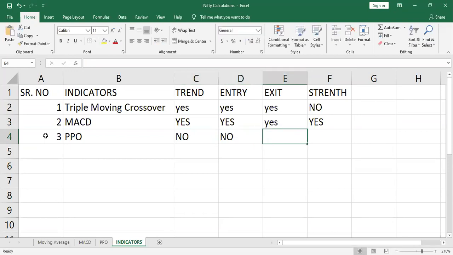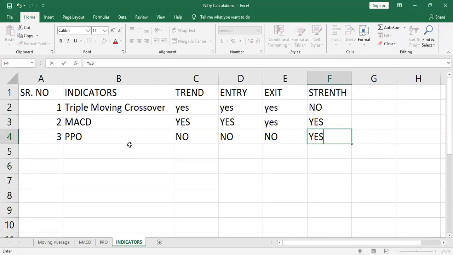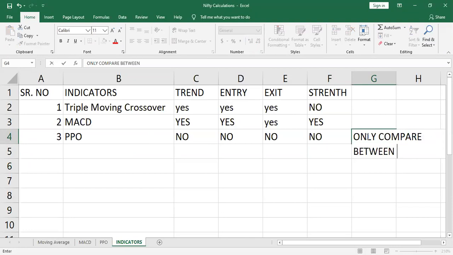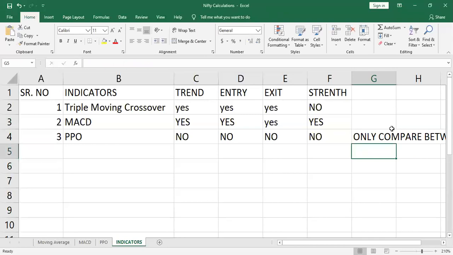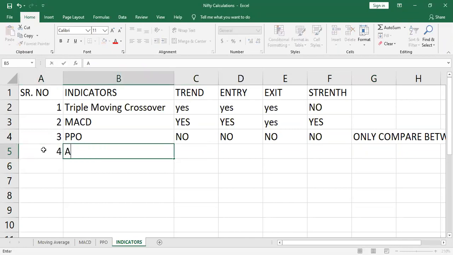Entry, that is also no. The strength, then maybe yes, because you can identify the strength the same as MACD, but it is not used much, so our tally is no. It is generally only used to compare between two assets.